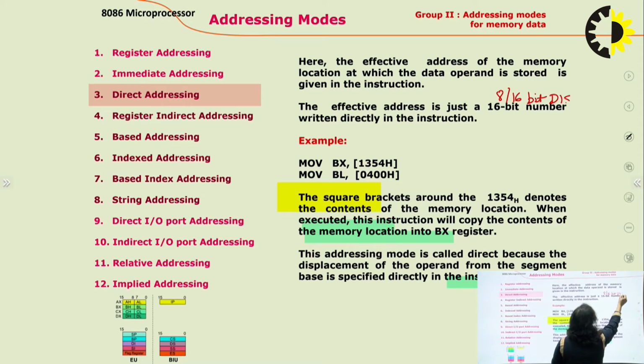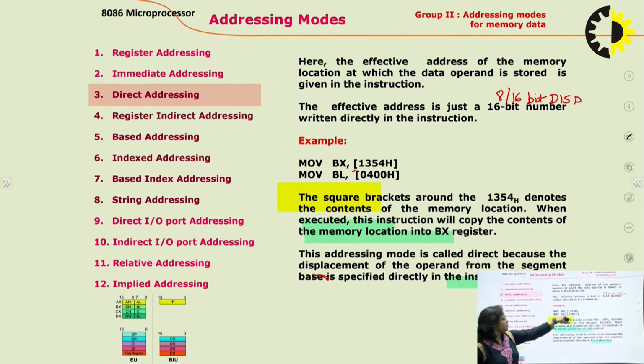And the default segment register used here is the data segment. Herein, the 16-bit number can be data or address. If we use a square bracket, it means it is an offset value or address. And if we do not use the square bracket, then it is immediate data. So the square bracket denotes that it is the content of a memory location.